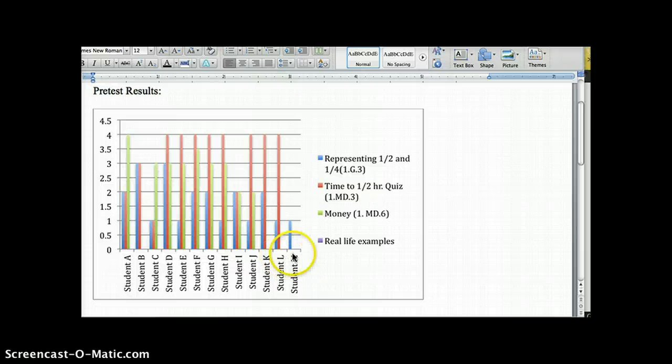So I had to revise my plan, and I had to give the students 3 different individual assessments, 1 on fractions, 1 on time, and 1 on money. And there's a category here for real-life examples, but as you can see, there is no purple showing up on this graph. So that's that. That's the pretest results.